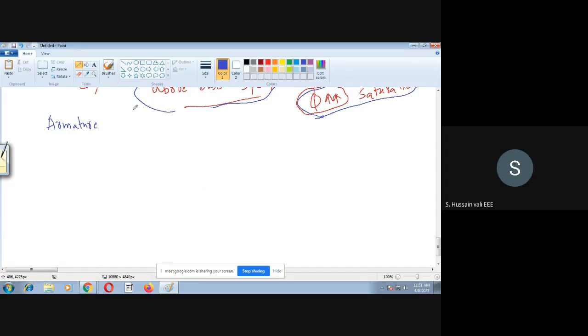Armature control, or armature voltage control. This time, like we have seen in the case of field control where you have a rheostat, this time you connect that rheostat in series with the armature.